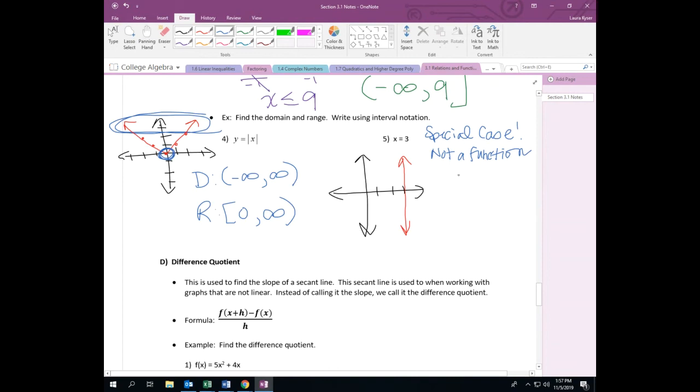When it's not a function, it doesn't follow the same domain and range rules necessarily. So we want to take a look at this thing. The leftmost x on this graph is 3. And the rightmost x on this graph is 3. So the only x on this graph is 3. And that means the domain is 3.